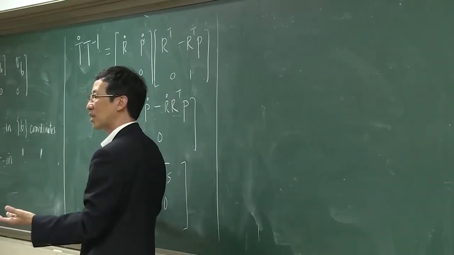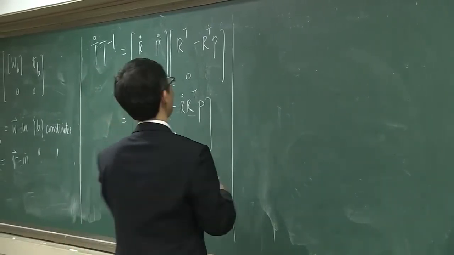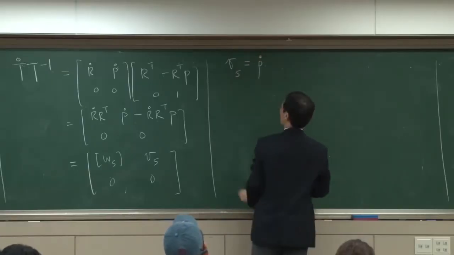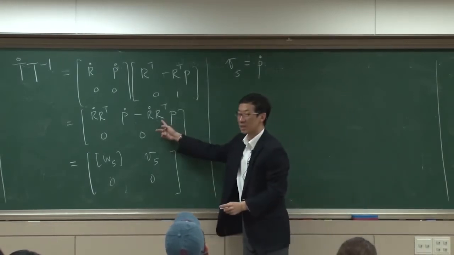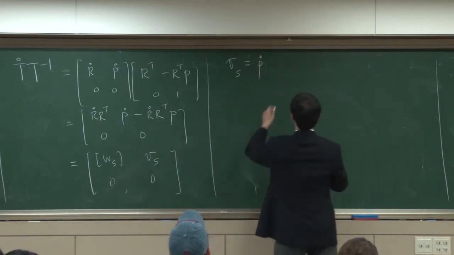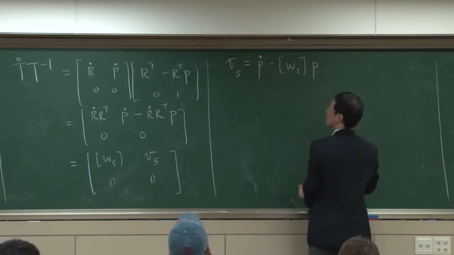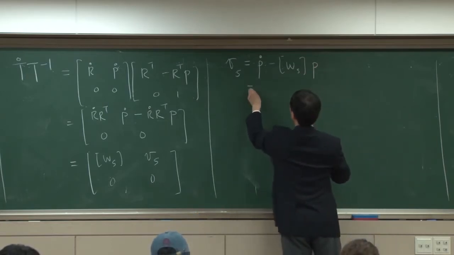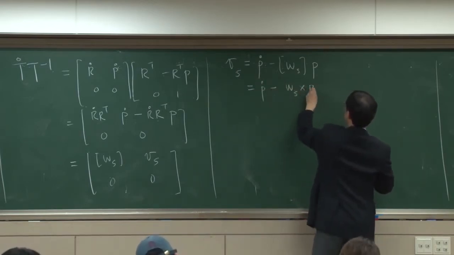Omega S is the angular velocity in the space frame, since R dot R transpose is omega S. So it's minus omega S times P, which is a cross product: minus omega S cross P.